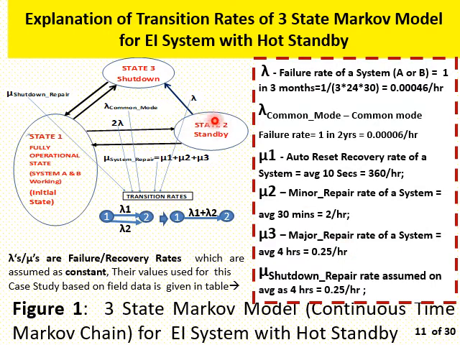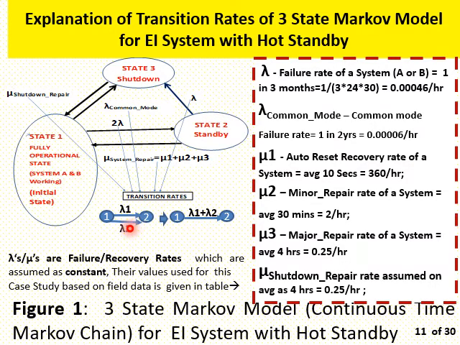So the standby state will try various options: mu1 for recovery. If that fails, then mu2 minor repair for recovery. If that fails, mu3 for recovery. So basically, between 2 and 1 there should be 3 transitions like this, whereas between 1 and 2 you have 2 transitions. Between 2 and 1, there will be 3 transitions of mu1, mu2, and mu3.